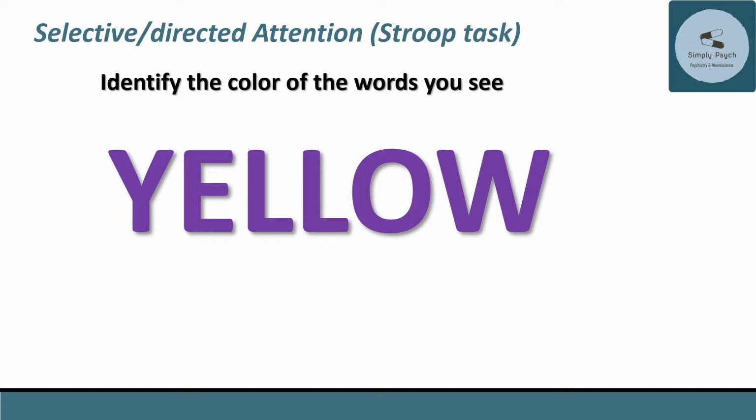And so in patients who have problems with attention, they may impulsively state the wrong color, or they may take longer to process what color it is. I mean, the delay time may actually be longer.